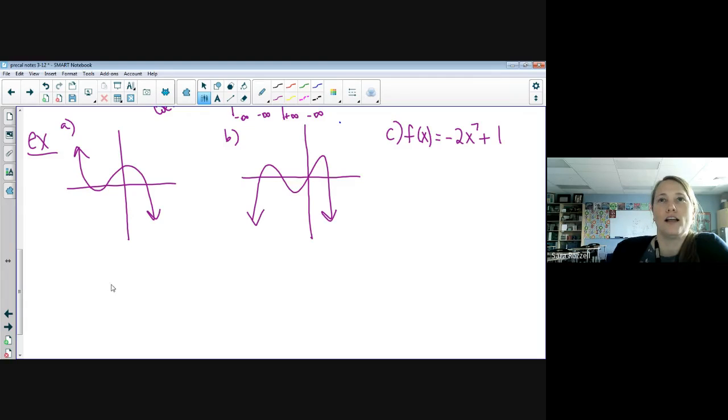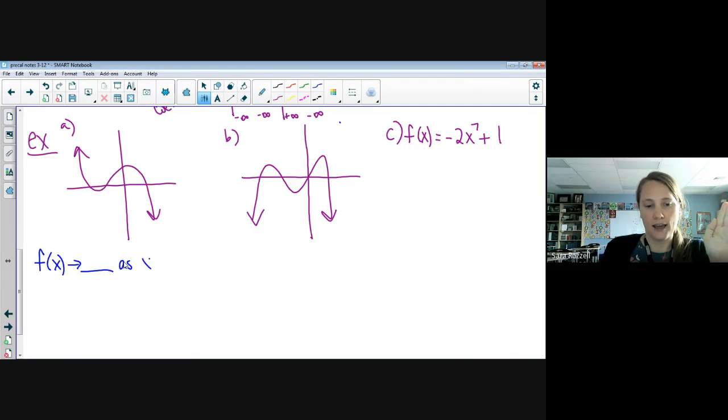All right. So these are the statements that you'll be writing. It's going to start like this. It's going to say f of x goes to something as x goes to negative infinity. That's statement 1.